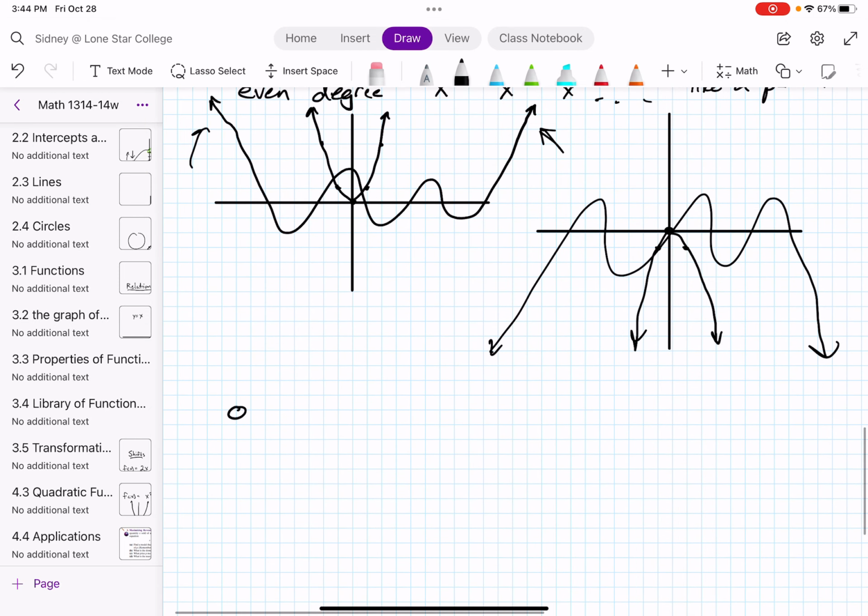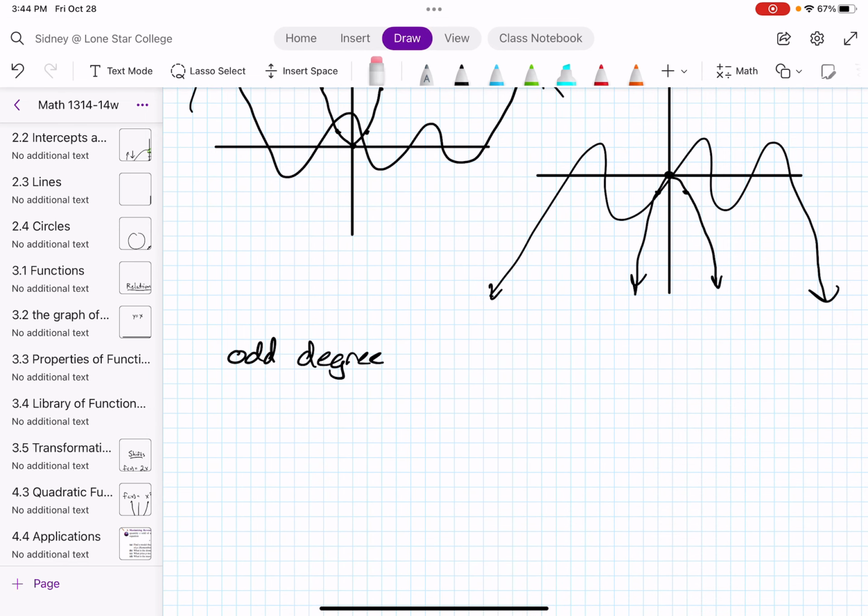So it begs the question, what do odd degree polynomials do? Odd degree polynomials, if you want to get a feel for that, you would look at something like a basic cubic function. So the cubic function, f of x equals x cubed.